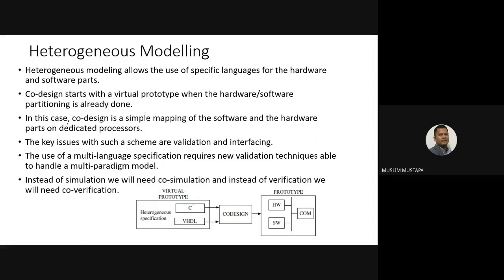In this case, the hardware software partitioning is already done, so you already determine what software you need to use and what hardware you need to use. And in this case, co-design is a simple mapping of the software and hardware parts onto dedicated processors. So the key issues with such a scheme are validation and interfacing. Right, so the use of multi-language specs requires new validation techniques able to handle multi-paradigm models.